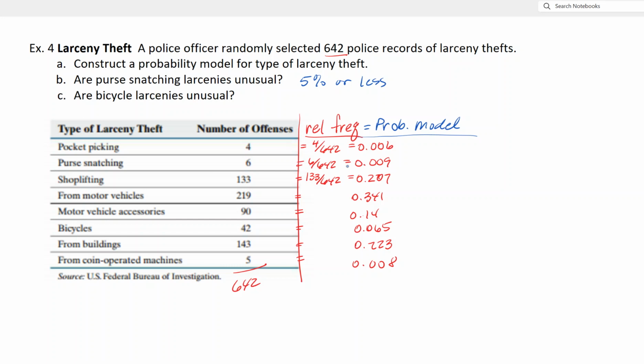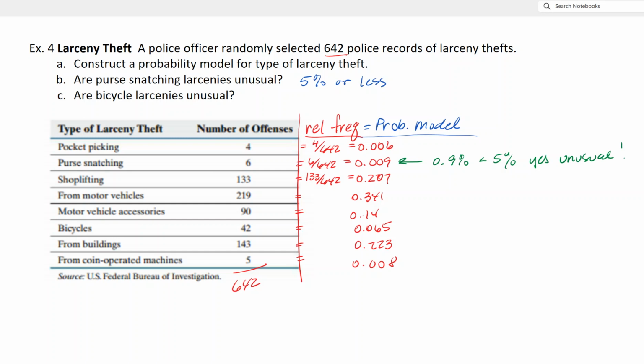So if we look at purse snatching here, it occurs 0.009, or 0.9%, moving the decimal 2 places to the right, 0.9% of the time. 0.9% is obviously less than 5% of the time, so yes, it is unusual for you to have some sort of theft by purse snatching.